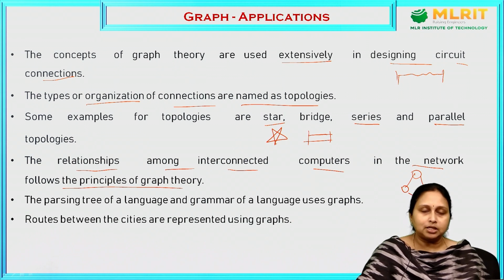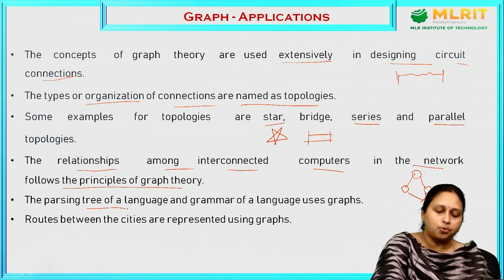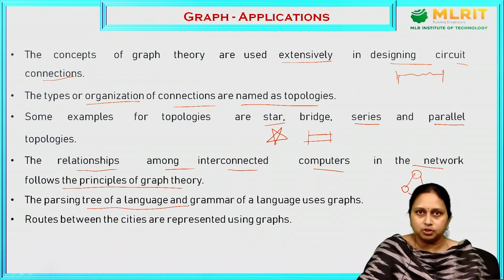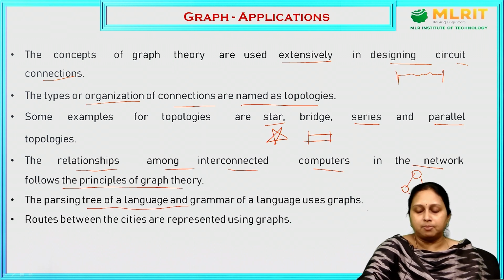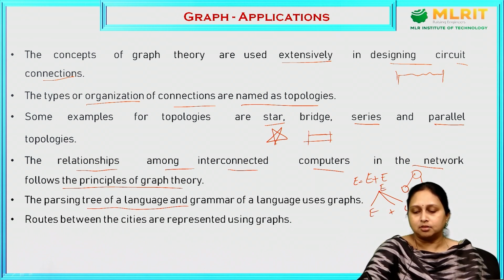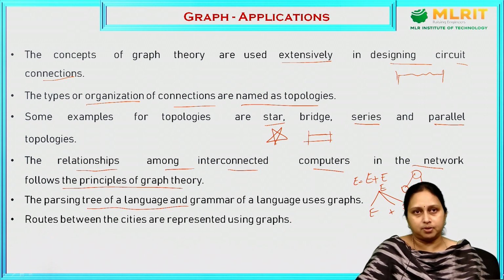And parsing trees, you will learn about in the compiler design subject, which you will study further. There, if you are given some grammar, for that grammar we represent a parsing tree. Suppose you have the grammar E plus E; for this, how we construct a parsing tree like this. This is a parsing tree, how we can represent it.